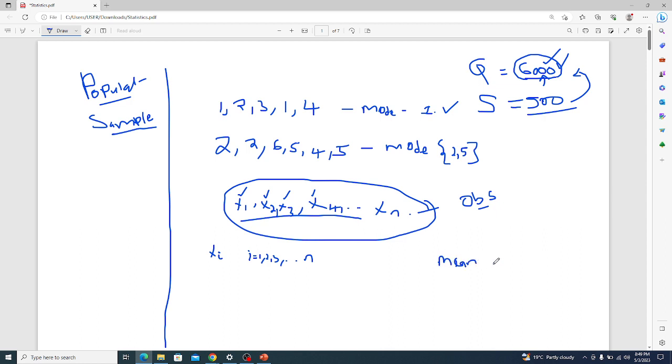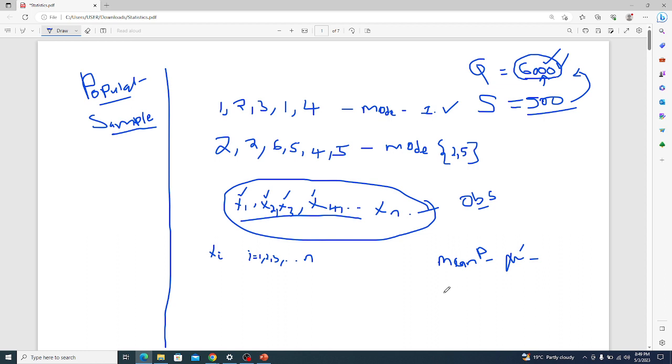Mean for population is always denoted by mu. I usually write it this way, it is called mu.